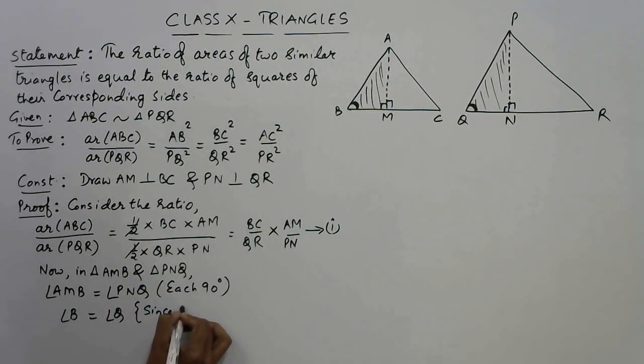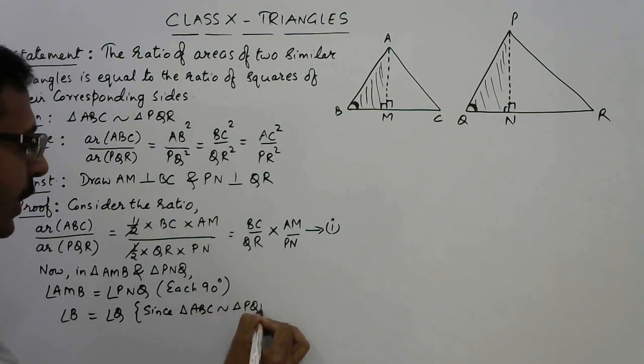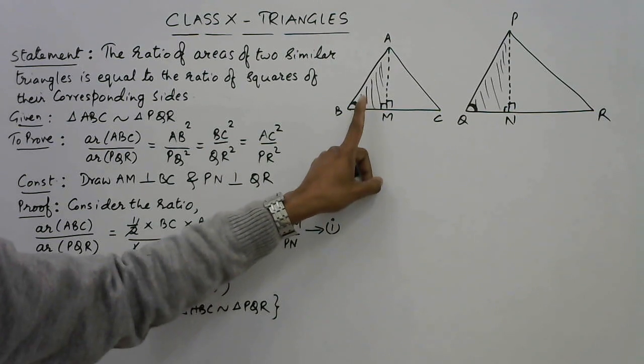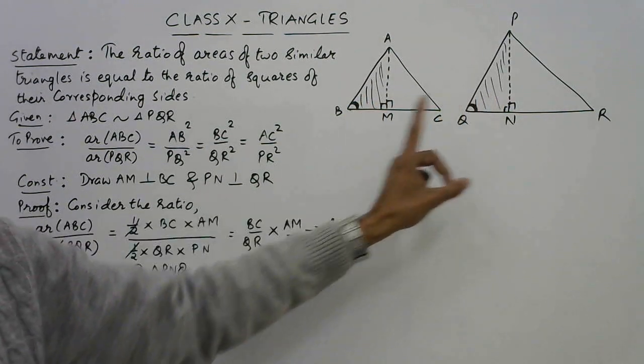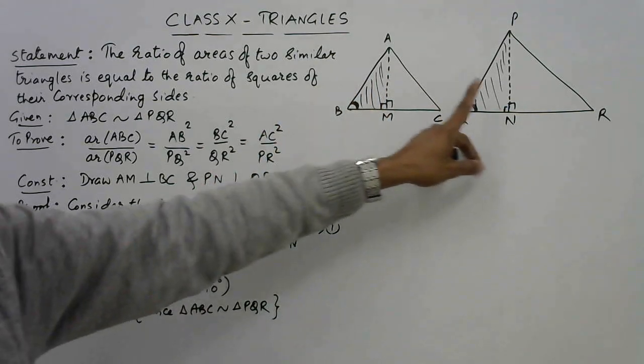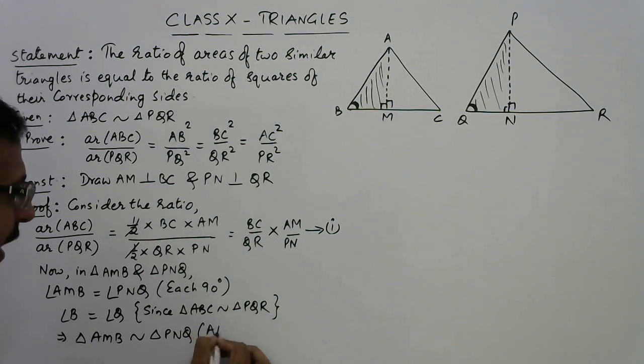Since triangle ABC is similar to triangle PQR. Now this is the reason, because these two triangles are similar, their corresponding angles are equal. And now two angles of this triangle and two angles of this triangle are proved equal. So these two triangles are similar. So this is the second step. That implies triangle AMB is now similar to triangle PNQ by AA rule.